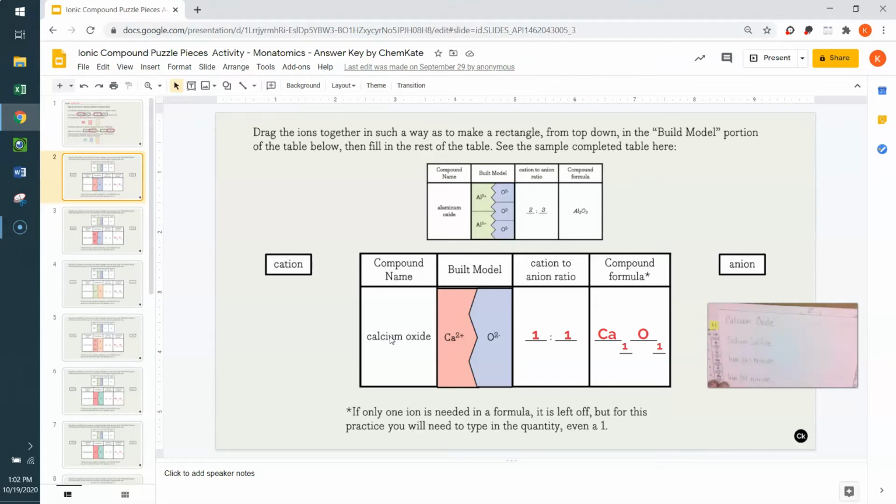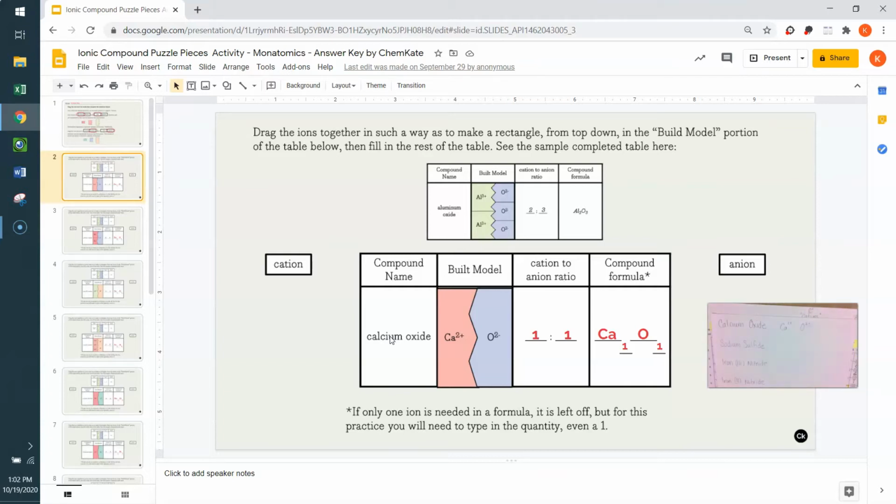Therefore, calcium produces a 2+ ion, so Ca2+. And oxygen, the oxide, is in the column way over here, which forms a 2- charge. So you have oxygen as a 2-.